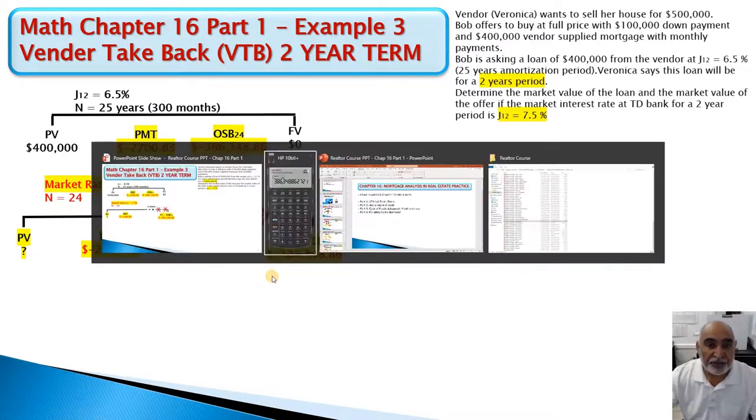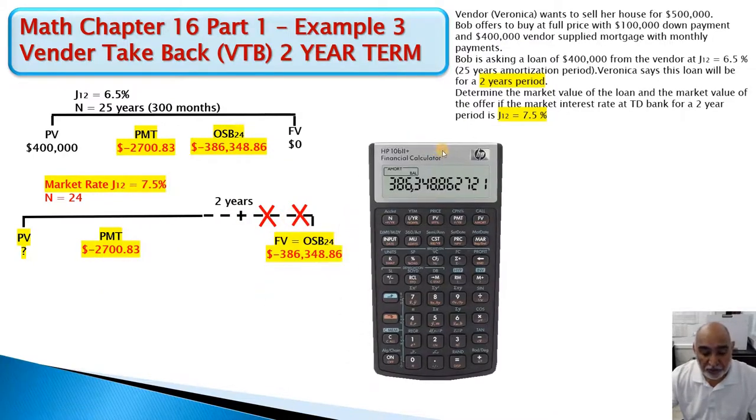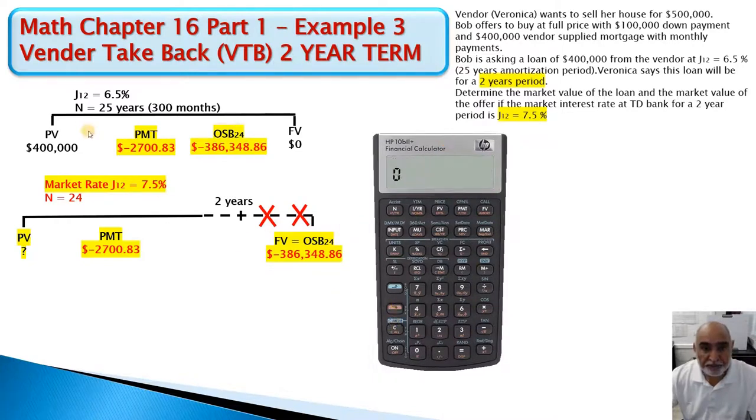So let's bring the calculator, clear everything in the calculator. Conversion not needed, it's J12, so J12, 7.5. Interest rates dealt with, N is 24.